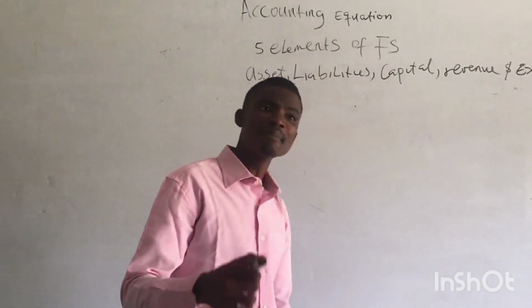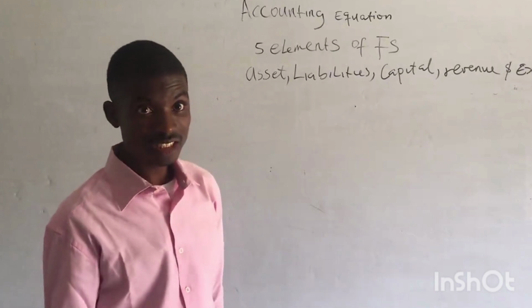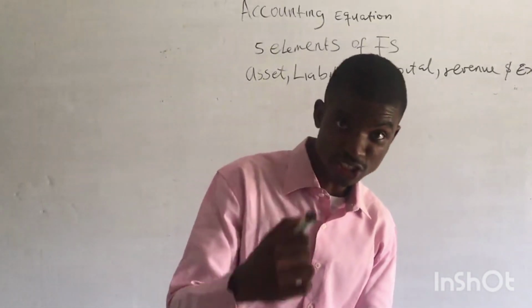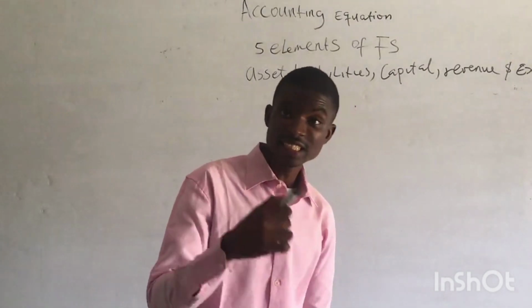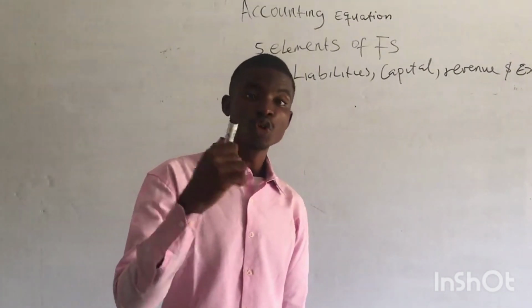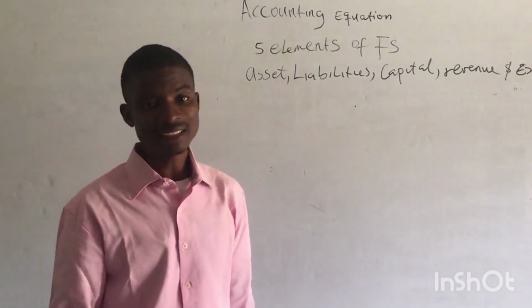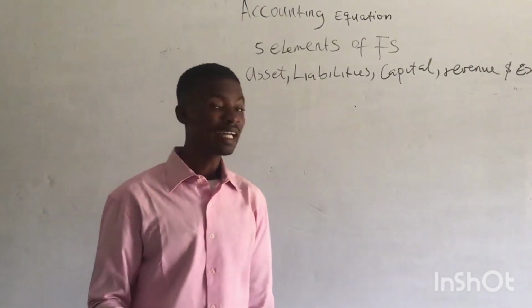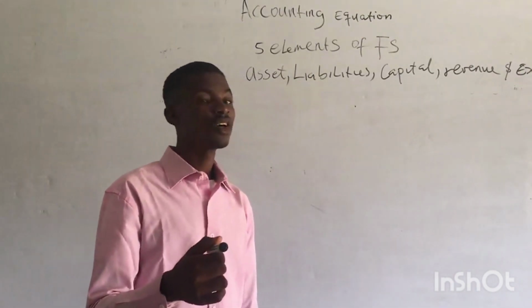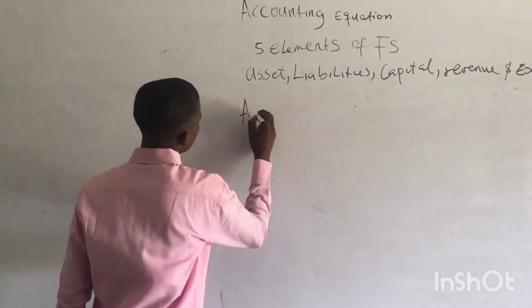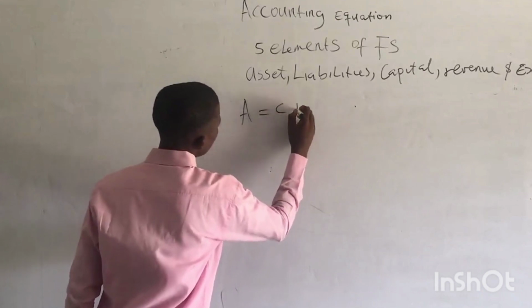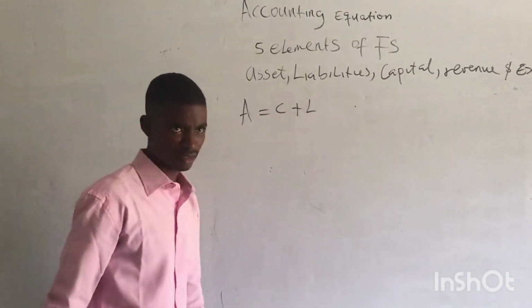In the first place, the meaning of an accounting equation is just a proposition that the asset of a business entity should be equal to its capital and liability. And the fundamental of the equation is that assets equals capital plus liability.